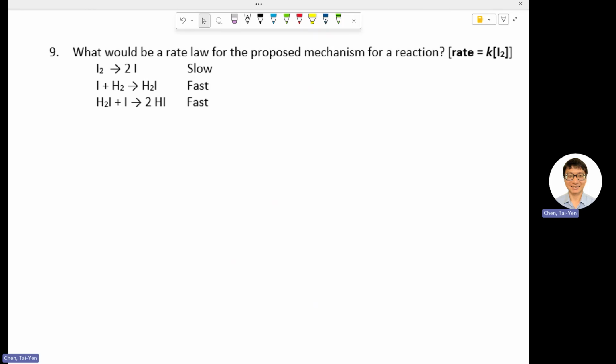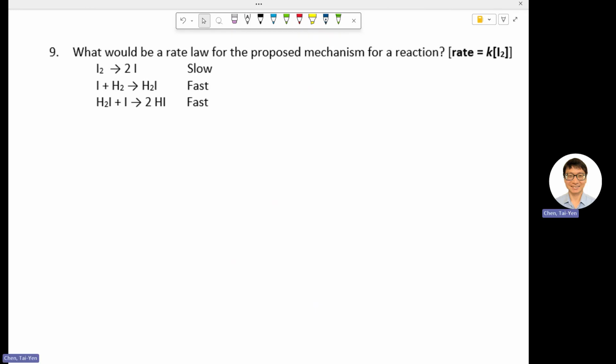To solve this one, every time you see this kind of setup, it is a very typical elementary step type of question. The first thing to figure out is what your reactants are, because your final rate law should only contain reactants. So how do we know the reactants?